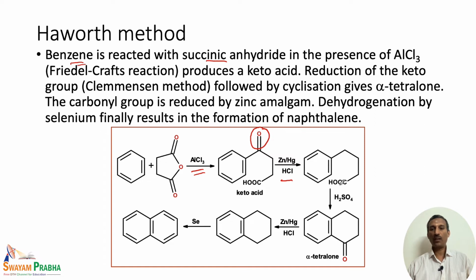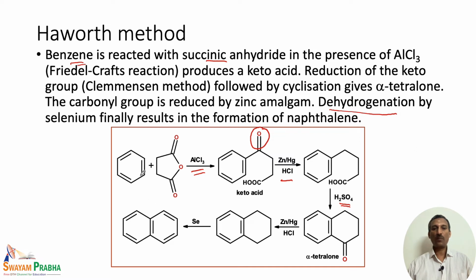So, this carboxylic acid on treatment with sulfuric acid, the cyclization takes place leading to alpha-tetralone, and similar to the previous step of zinc amalgam and HCl, the removal of the keto group, this particular ketone is also removed by the same reaction. So, we end up with the tetralin compound, and this tetralin compound on treatment with selenium undergoes dehydrogenation, and this dehydrogenation finally leads to the formation of naphthalene.